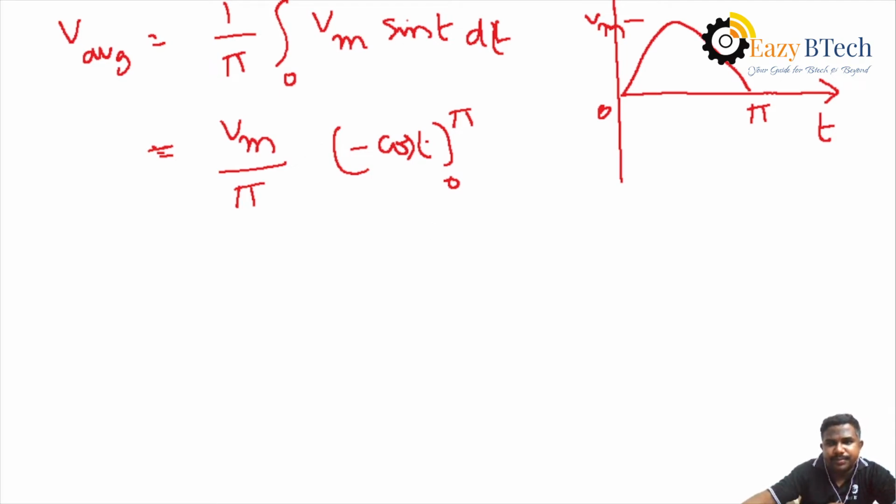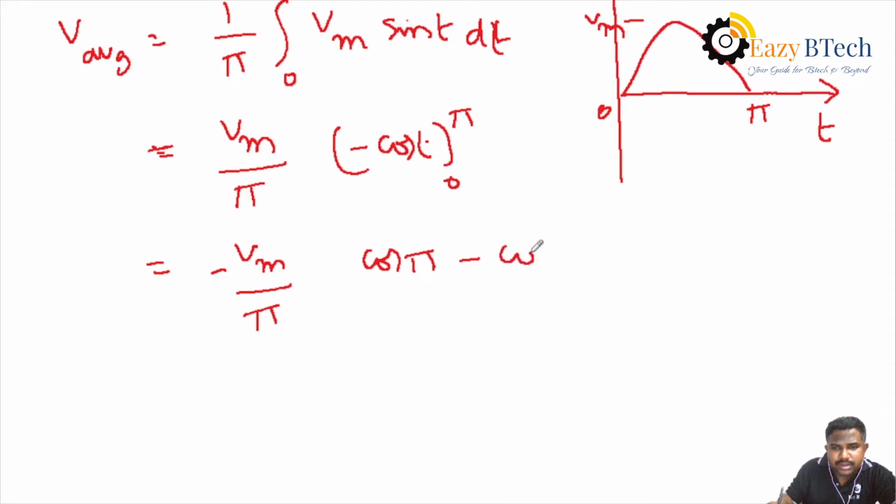From that, we get Vm by pi, with the minus taken outside, cos pi minus cos 0. What is the value of cos pi?